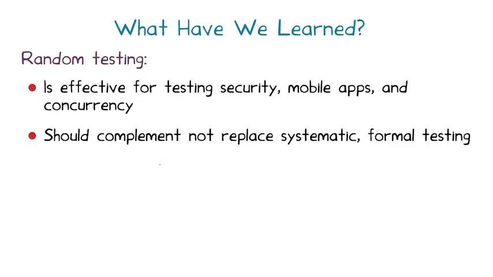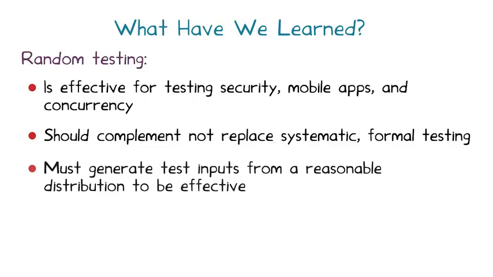As we have seen, random testing can cover many cases very quickly, but it might not cover cases that are more interesting to developers. Therefore, we cannot solely use fuzzing to test our software. Additionally, in order for random testing to be effective, the test inputs must be generated from a reasonable distribution.